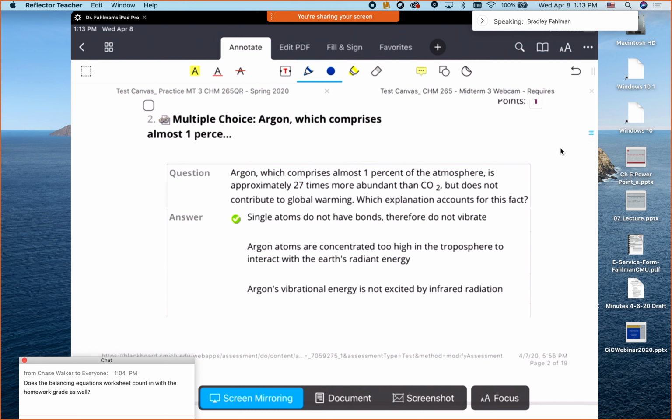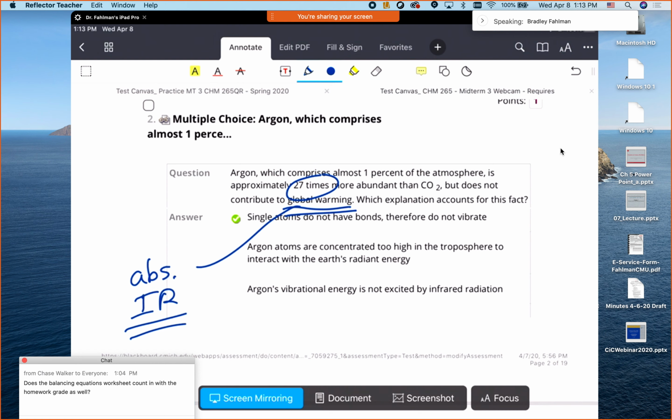This one, argon, which comprises 1% of the atmosphere, and it's approximately 27 times more abundant than carbon dioxide, but it doesn't contribute to global warming. And so this is taking into account that, remember, global warming is all about absorption of IR radiation.